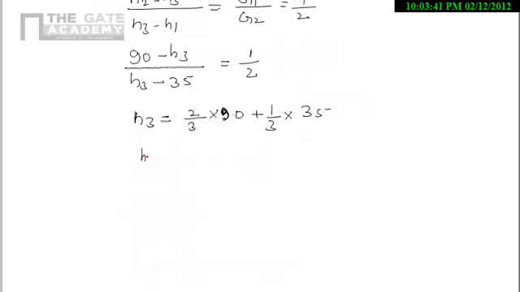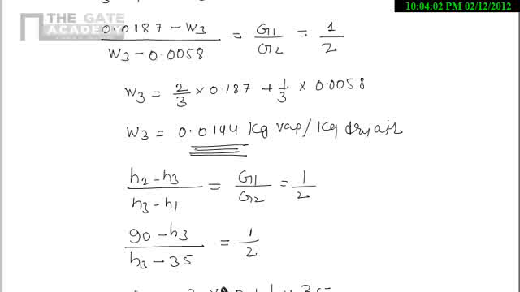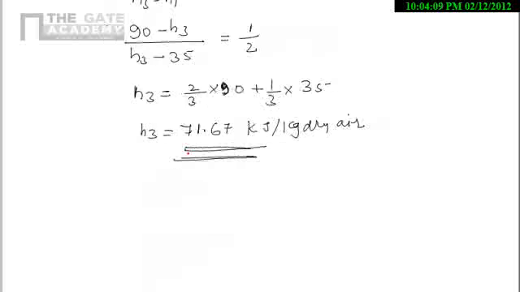So now H3 will be 71.67 kilojoule per kg dry air. So the final condition of air is W3, that is 0.0144 kilogram vapor per kg of dry air, and enthalpy of the mixture is 71.67 kilojoule per kg of dry air.